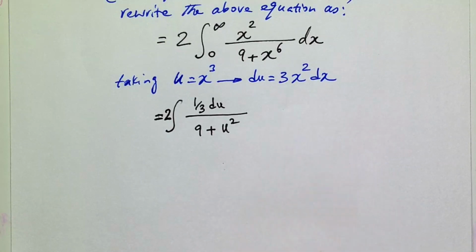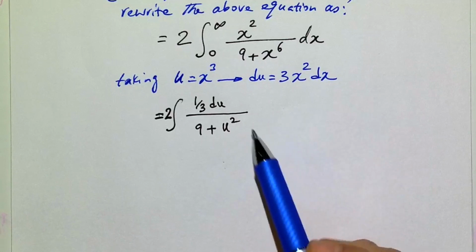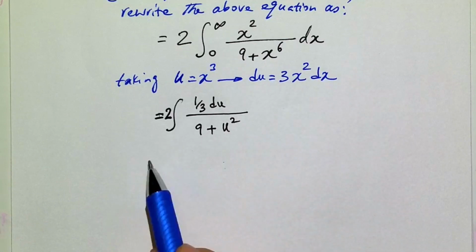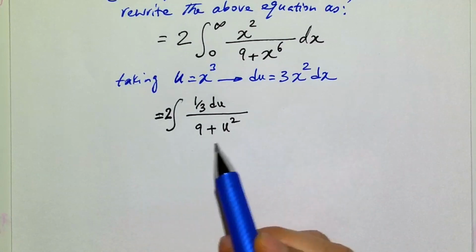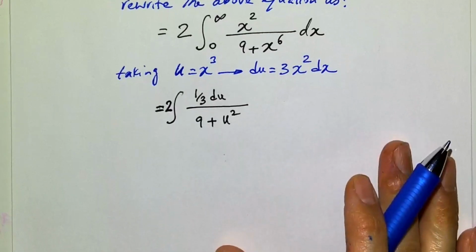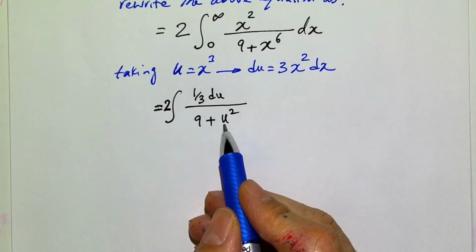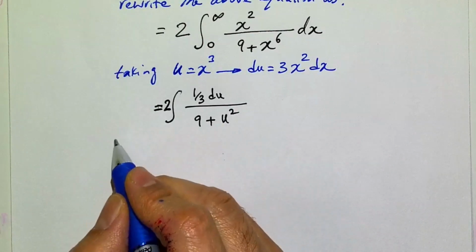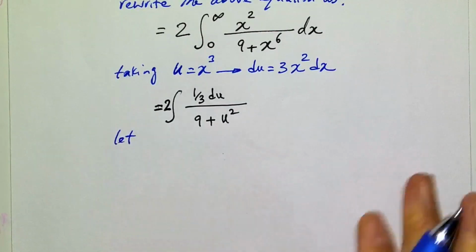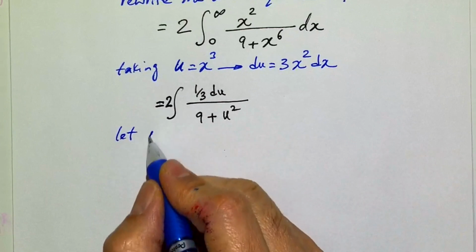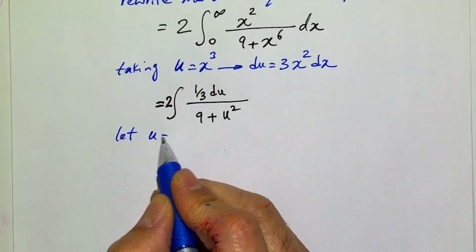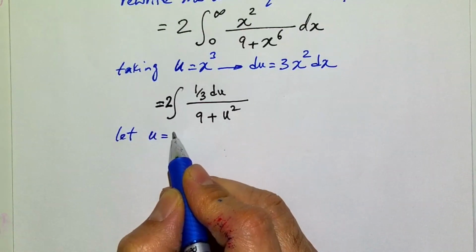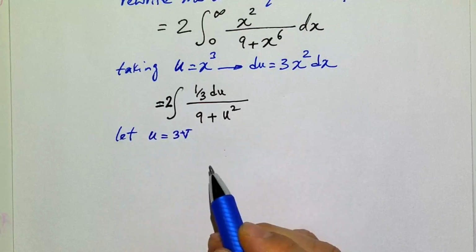And then it seems that we have to make another substitution here. So if we get 3u, let us take u to be equal to 3v.